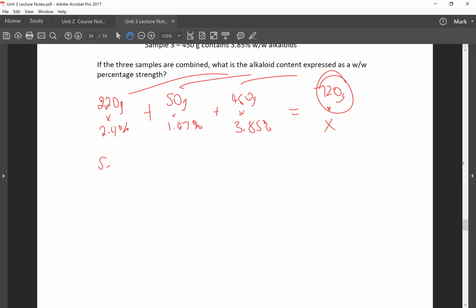You do not need to write all this down, by the way. The second one, I'm getting 50 times 1.97, which gives me 0.985.